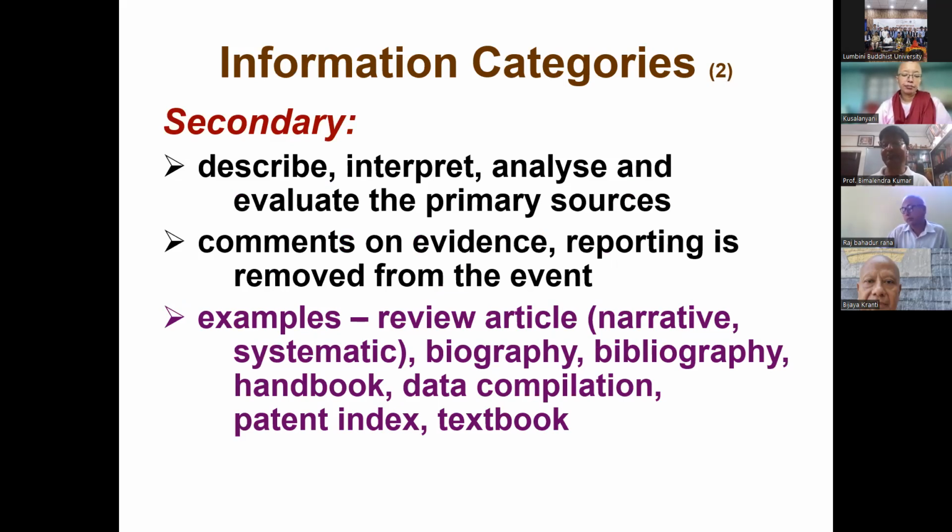Like Professor Govind Chandra Pandey, who wrote Origins of Buddhism based on all the chronological data of the Tipitaka, describing how Buddhism originated. These books written by the acharyas are called secondary sources. They describe, analyze, interpret, and evaluate the things which are available.